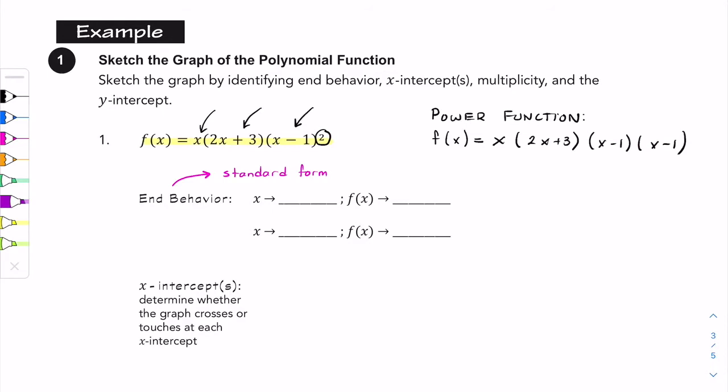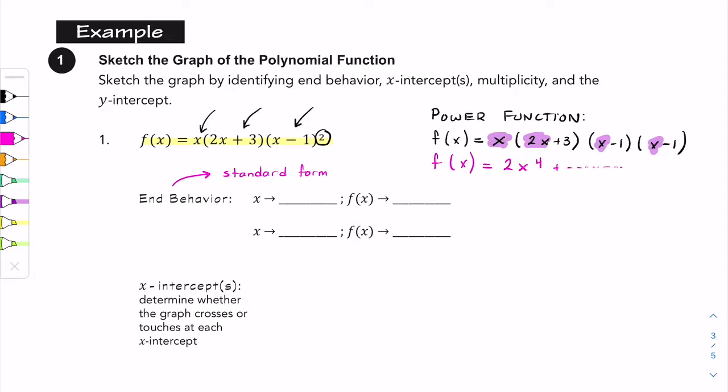To find the power function, you multiply the first term of every factor. So the power function is going to be f of x is equal to x times 2x, which is 2x squared, times x is 2x cubed, times x again is 2x to the fourth. That's the first term of your standard form function. And then we don't care about the rest.